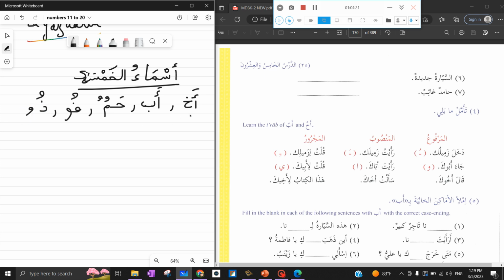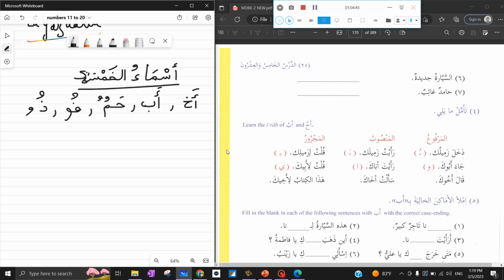Akh brother, ab father, hamu is in-laws, fu is for mouth, and dhu is has. Means if you want to say he has a red cover file or folder, or he has a red book, what will you say? Ahmadu dhu kitabin al-ahmari, you can say like that. Dhu means has.